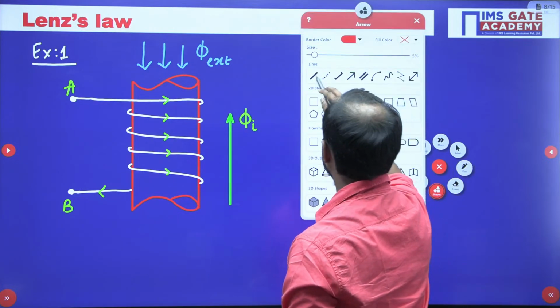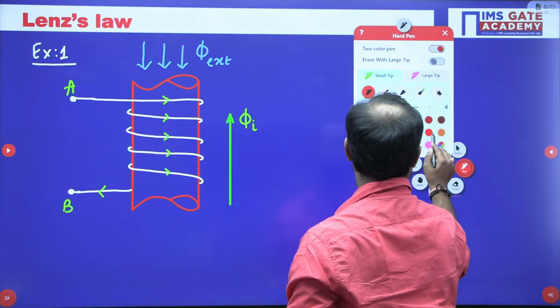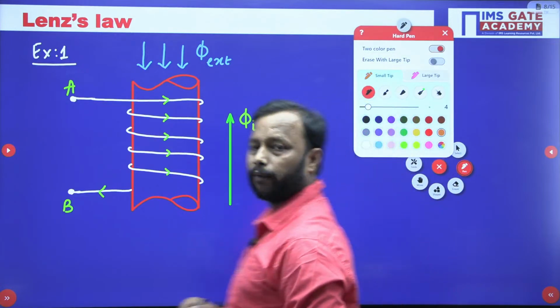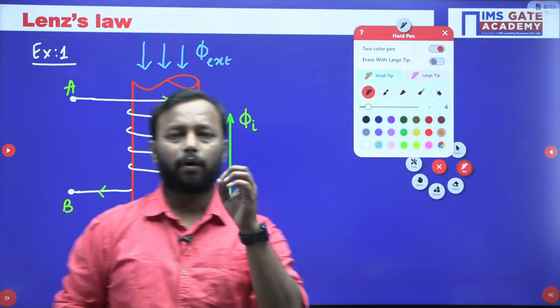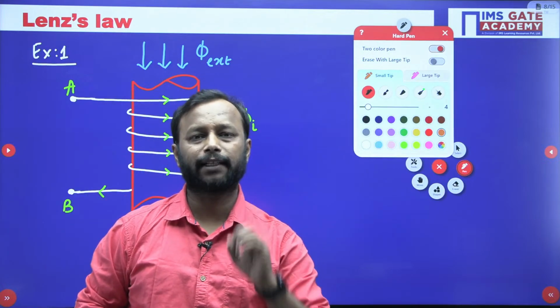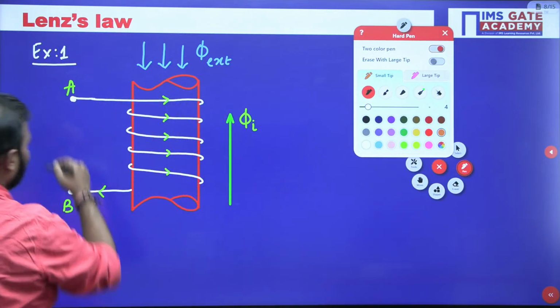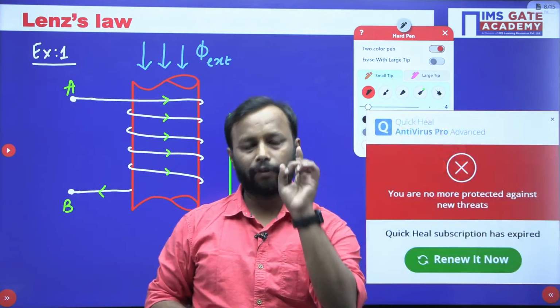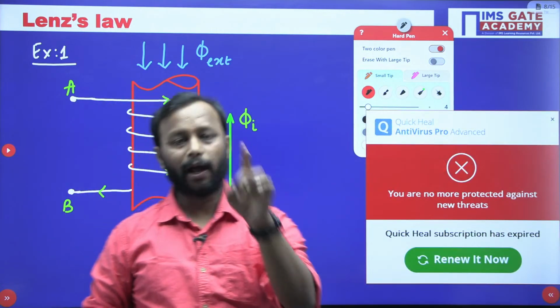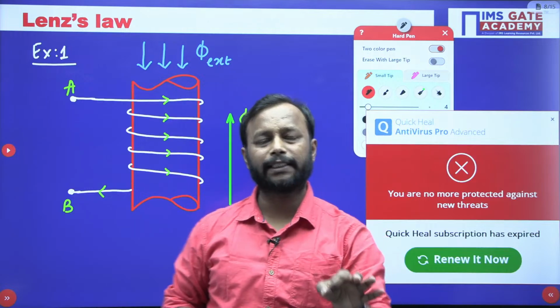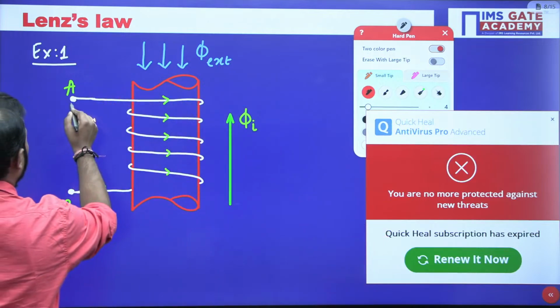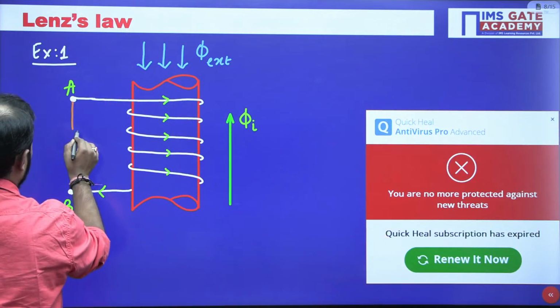So what I will do, I will assume one fictitious resistance. So here, at a node, wherever you are finding the polarity, just assume a fictitious resistance. So let me assume the fictitious resistance like this.